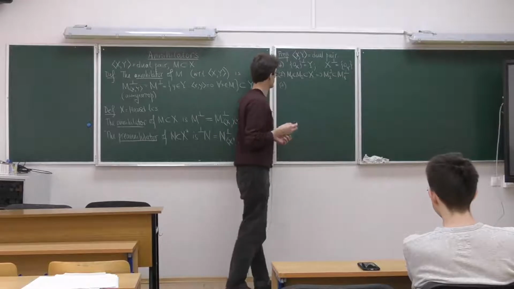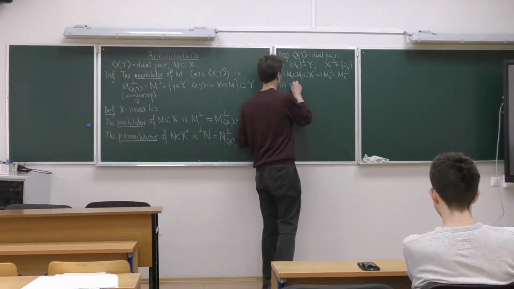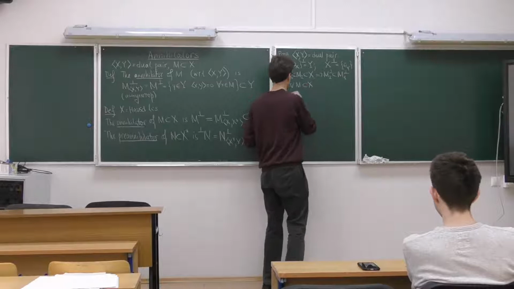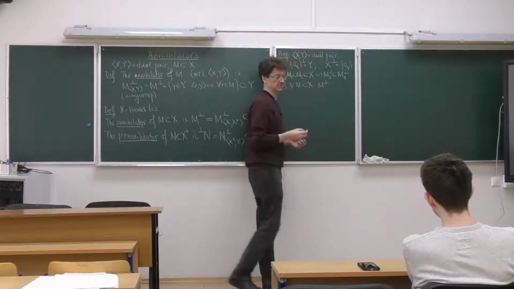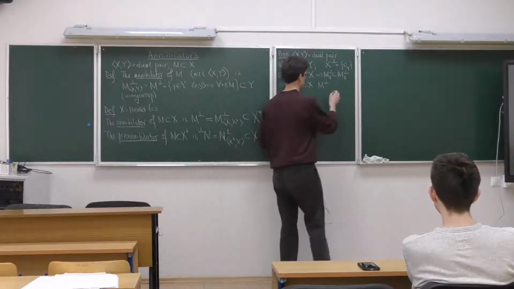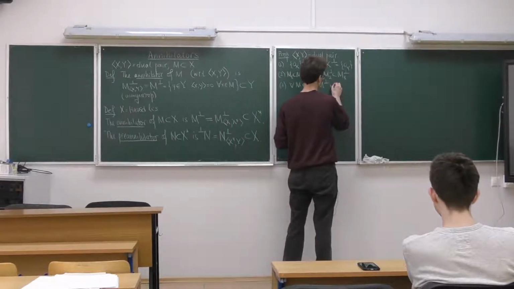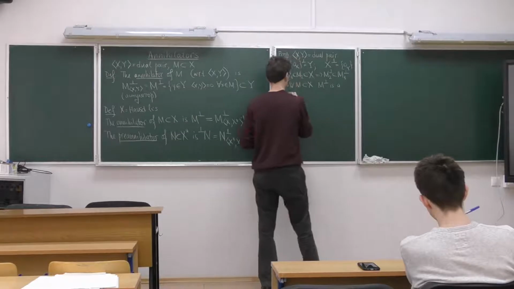Property 3: for each subset M in X, the annihilator of M is not just a subset of Y. This is a vector subspace, and moreover it is weakly closed.